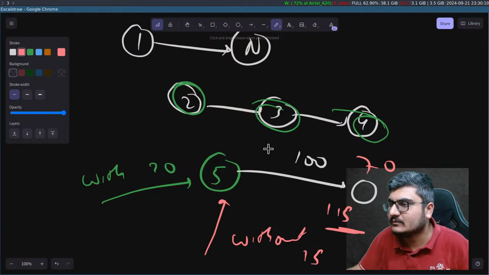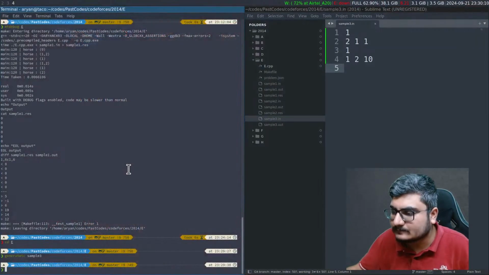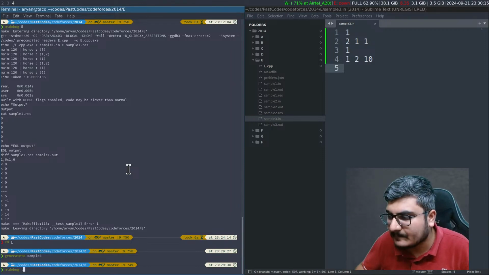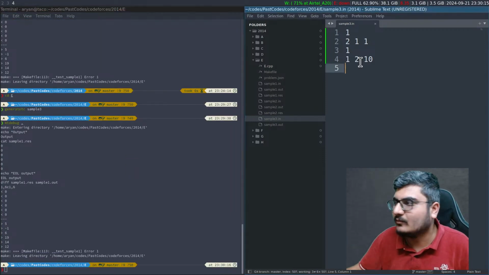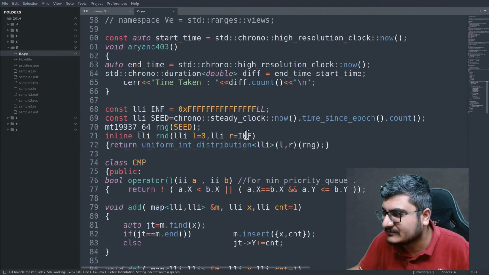Yeah, 5 only. Why is the code printing 0 always?